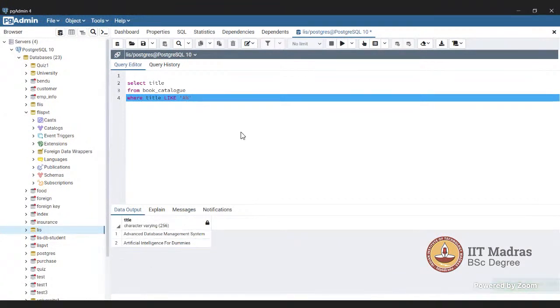I hope it is clear to everyone when to use the single quote and when to use the double quote. For the date type, you also have to use the single quote. Suppose here you want to use the date type.